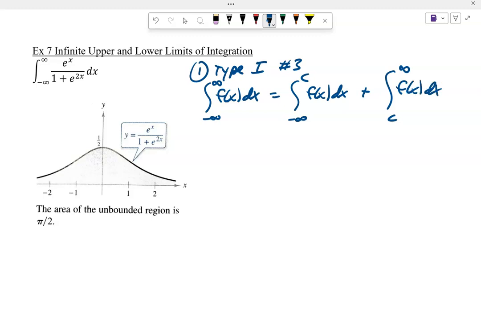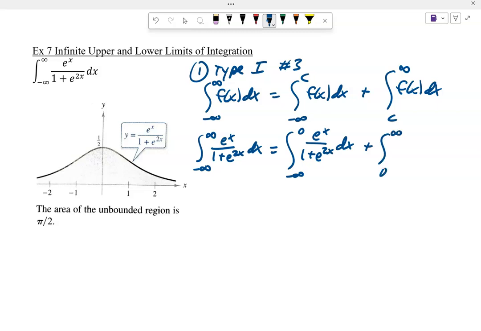Let's make c be 0, just as a convenient value. So for us, we have negative infinity to positive infinity of e to the x over 1 plus e to the 2x. We're going from negative infinity to 0 plus 0 to infinity.